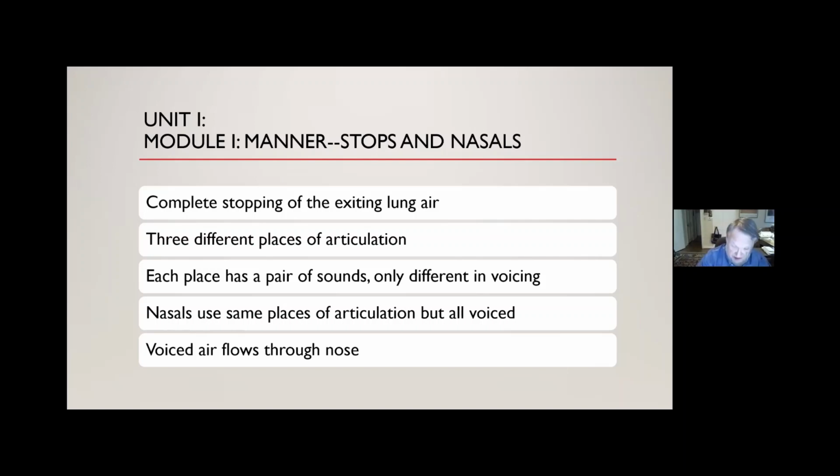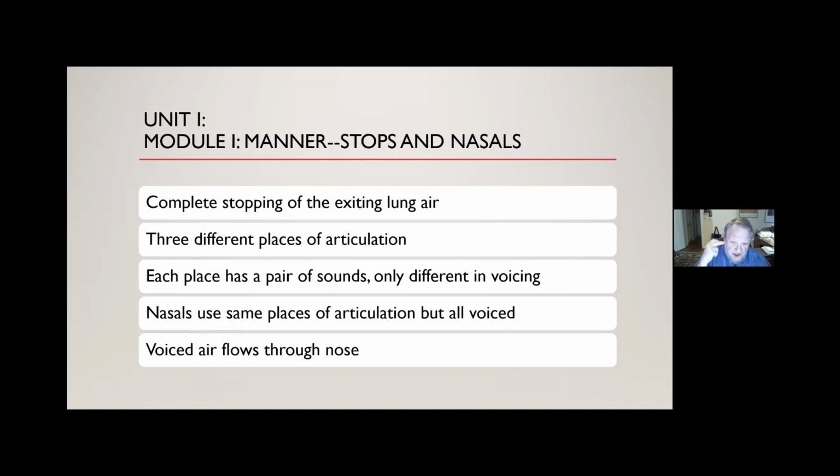So the first possibility is to completely stop the exiting air and create a sound. And we do this in English by creating three different places of articulation where we stop the air. And that's at the lips, at the alveolar ridge, and back at the velum.